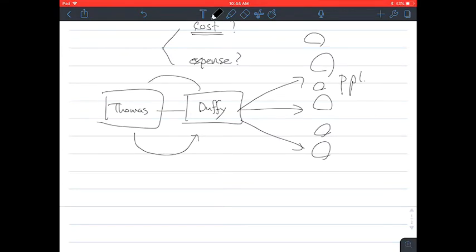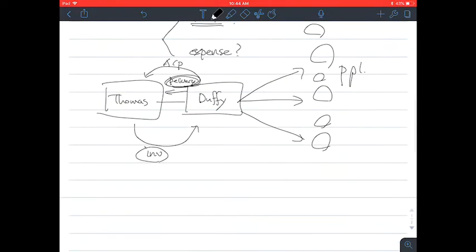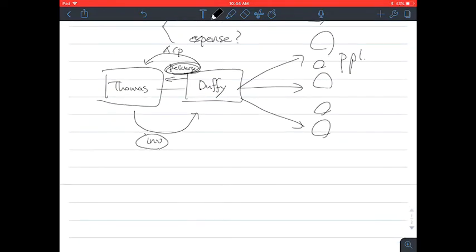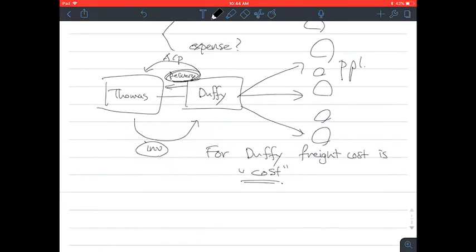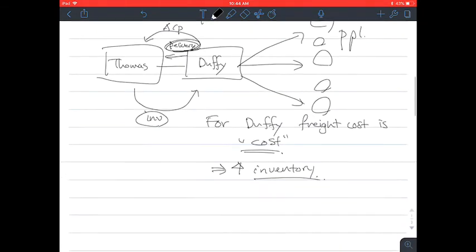So Duffy pays accounts payable and receives inventory. Now Duffy has paid Thomas the delivery cost. So how are you going to journalize this? For Duffy, the freight cost is a cost. So you have to increase inventory.